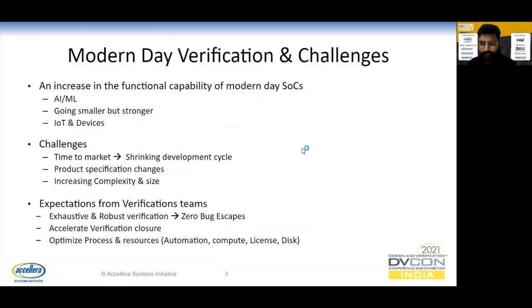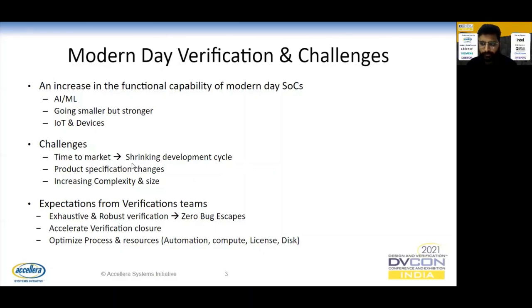So at present, the functional capabilities of a modern day SoC are increasing due to huge competition and demand present in various fields, sectors like AI, ML, consumer market, automobile. Chips are getting smaller day by day, but they are getting stronger in terms of aspects like performance and power. The increasing capabilities lead to a number of challenges before ASIC engineers.